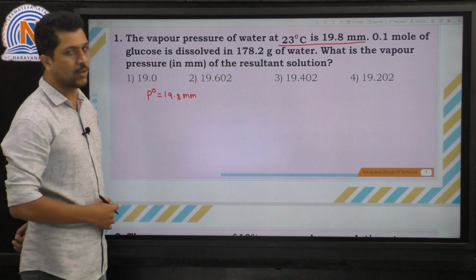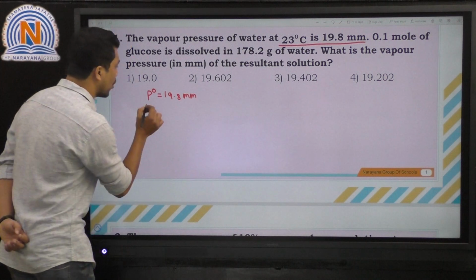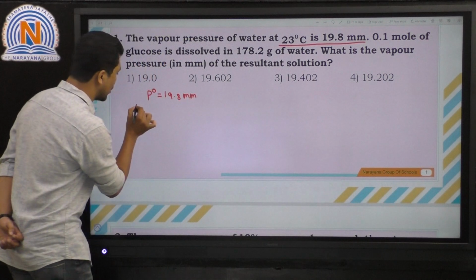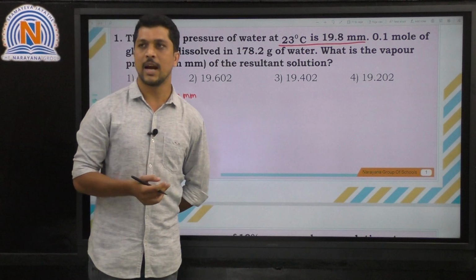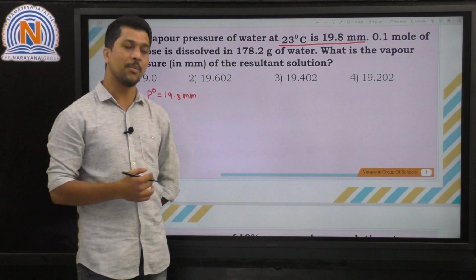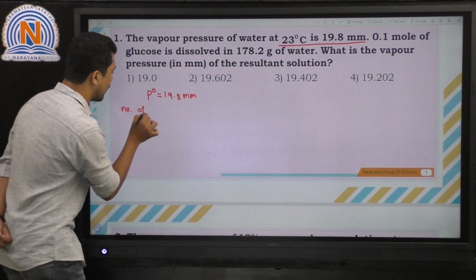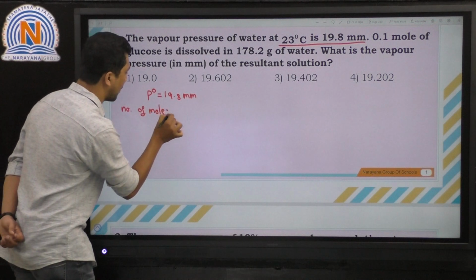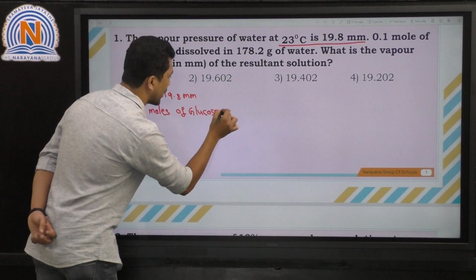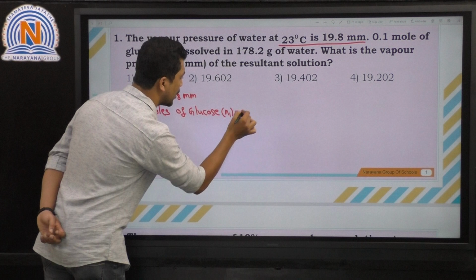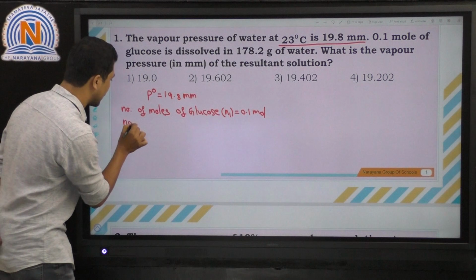The number of moles of glucose, N1, equals 0.1 mole.